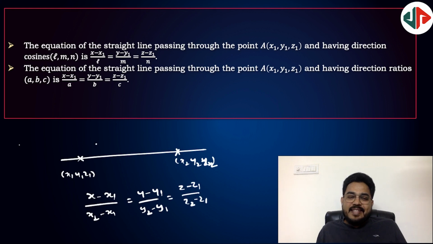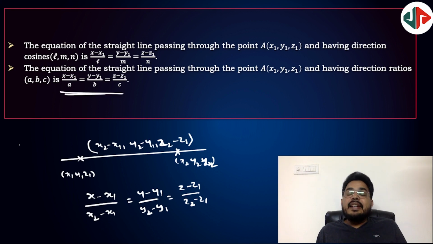Why? Here simply x2 - x1, y2 - y1, z2 - z1 are the DRs of the given line only.